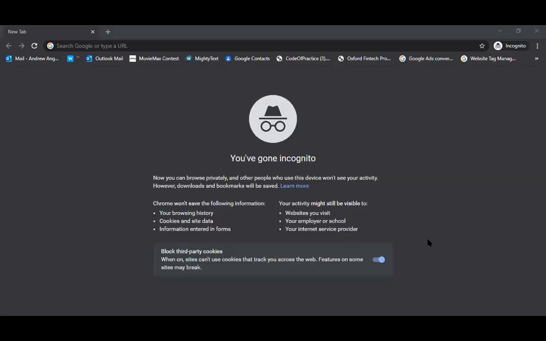It's good to make a habit, when you're using the browser, to sometimes go to incognito, because Chrome won't save the browsing history, cookies, data, or information you enter in forms. There are certain things that could still be provided, though.